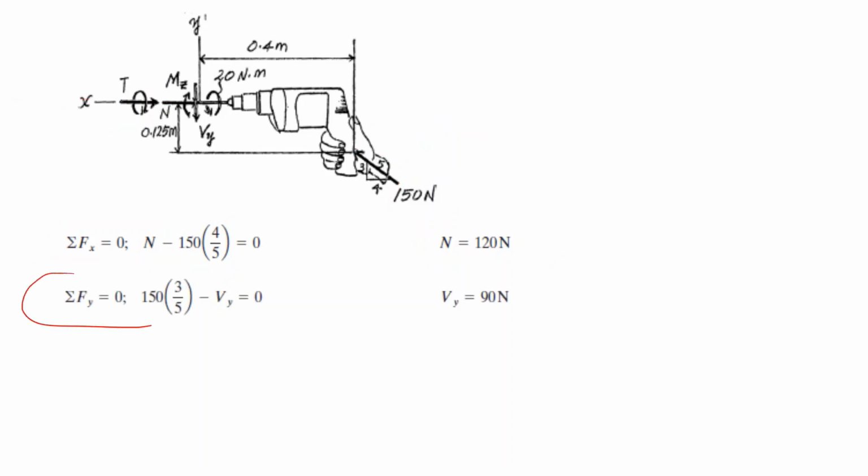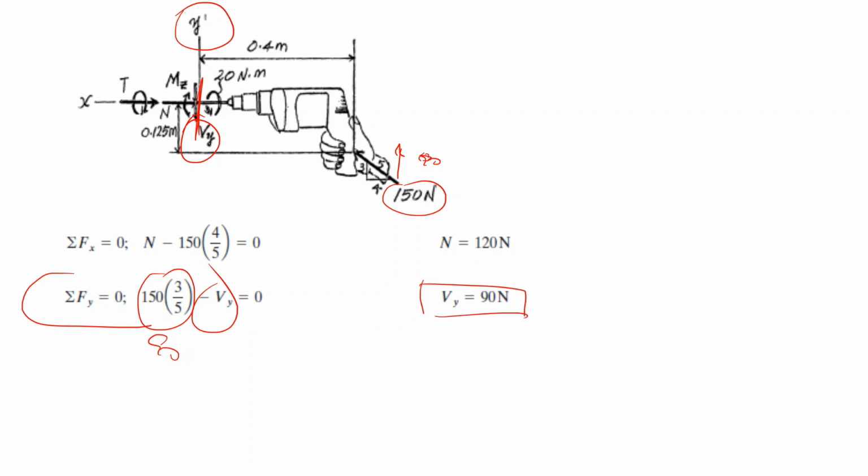Now the y direction, we have minus shear force and plus the vertical component of the acting 150, that would make 90, and my shear force in the y direction is 90.